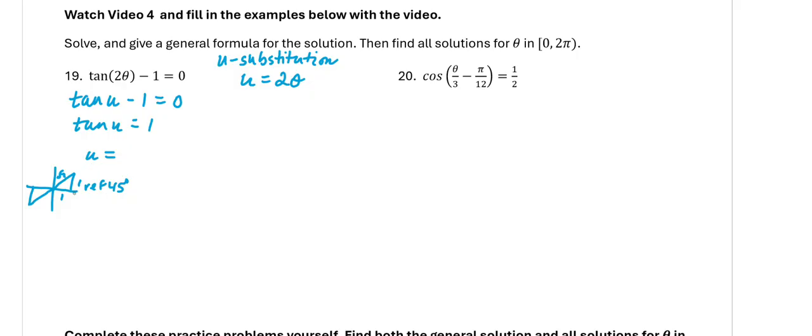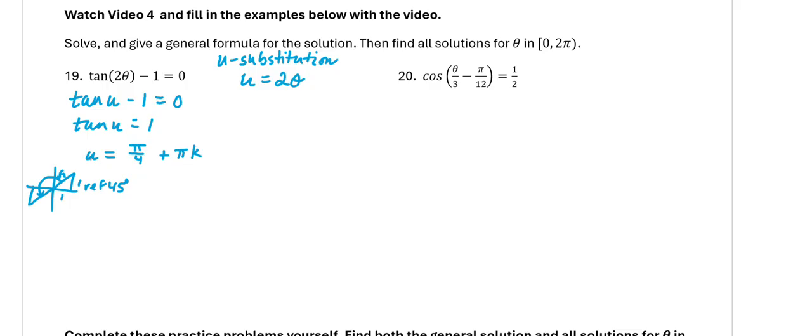So U would be pi over 4, or in the third quadrant, that would be what, 5 pi over 4? But notice that I don't need to write that one. I could just do my general solution plus pi k. Okay? Now, for these problems, when you've made a U substitution, you have to do the general solution, the general formula. You can't just do the solutions to begin with. You have to do the general formula first.